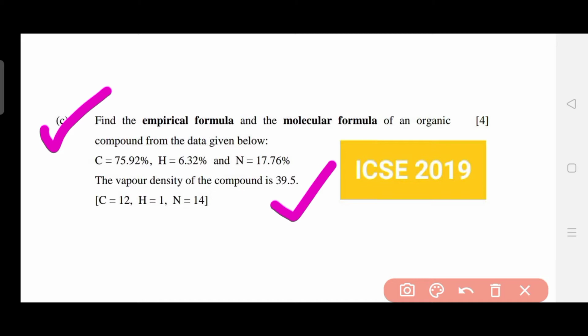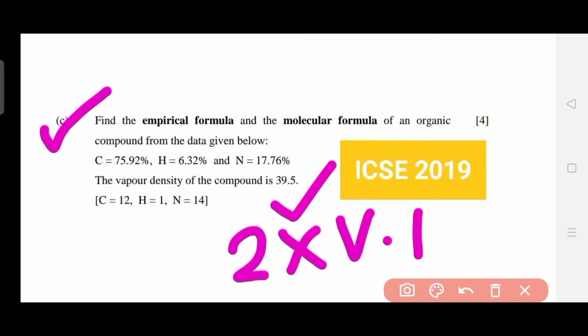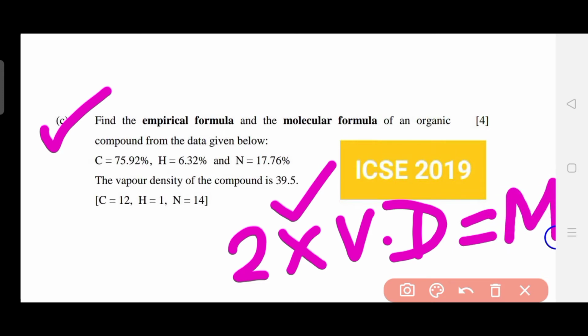Basically, in this question you will find the molecular formula using a simple step: first of all you will note down the formula that 2 into vapor density is equal to molecular mass. You need to use this formula, and only then can you easily find the molecular formula.